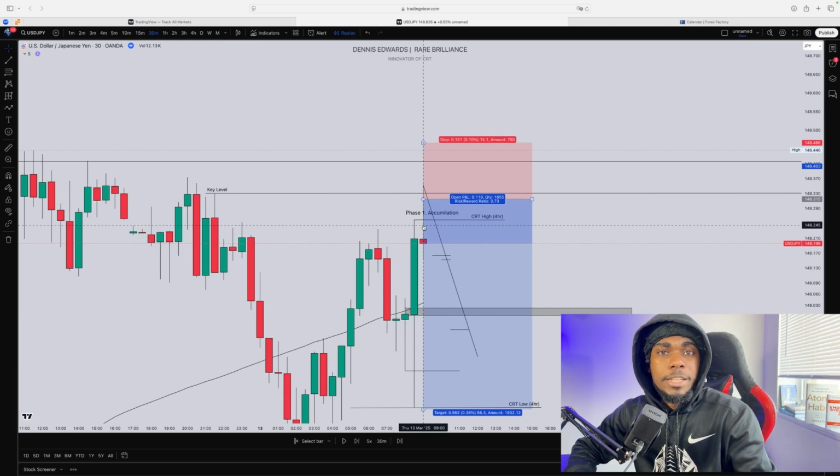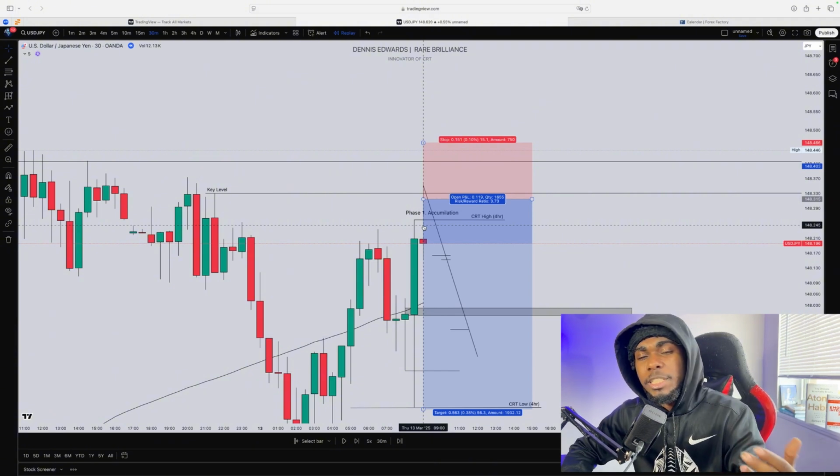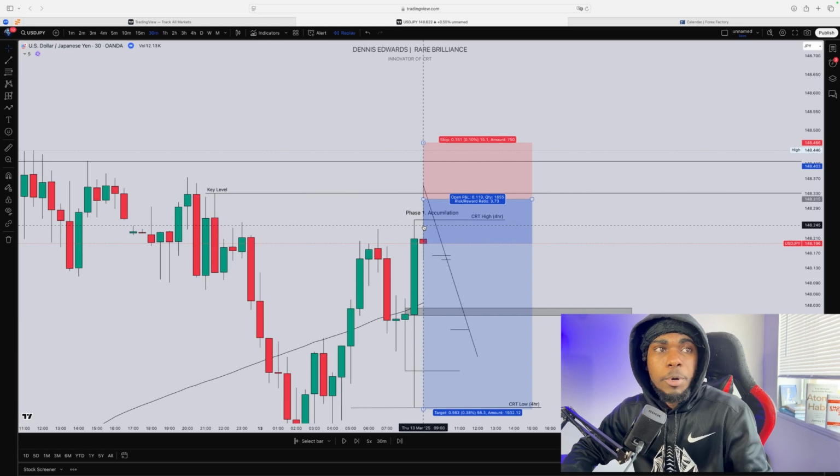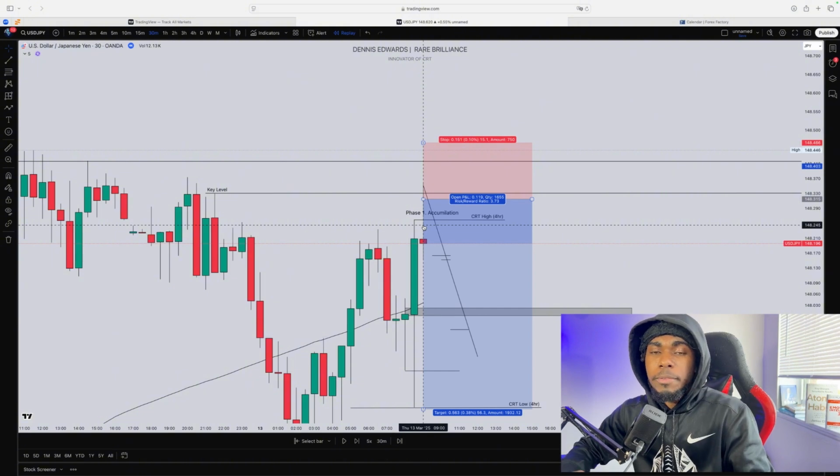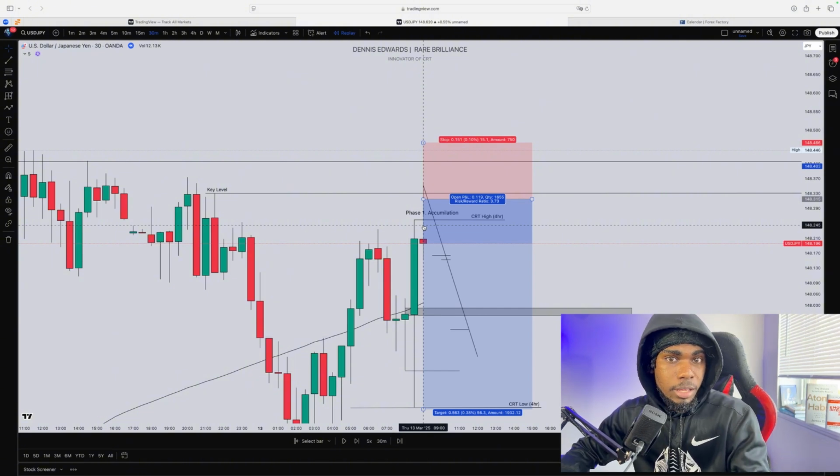I'm understanding this very early because I'm starting to pick up on the natural flow and rhythm of the market and how it moves with CRT. I'm really just starting to pick up on it. I can't always explain my sniper entries to the T, but it comes with experience in trading the market this way.